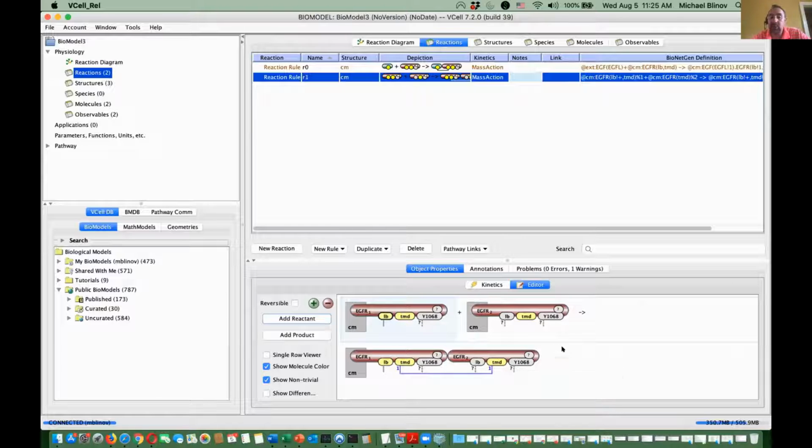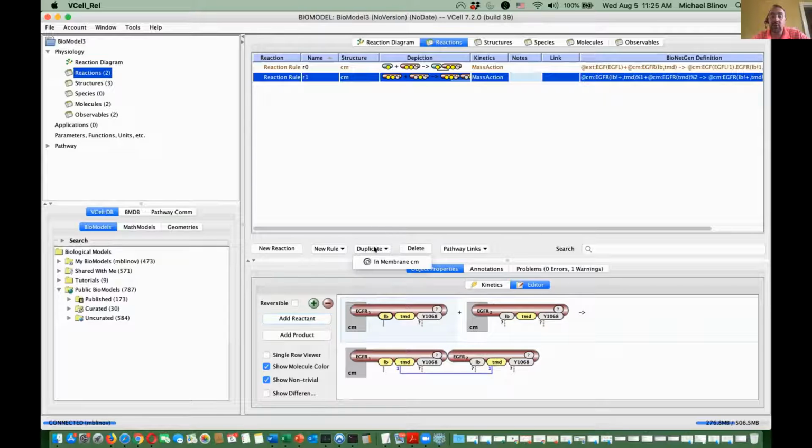And then we can say that actually we would like to have it that only two ligands can drive receptors into a dimer. Or we can have two different rules. This one is a low probability, when one ligand drives receptors into a dimer.